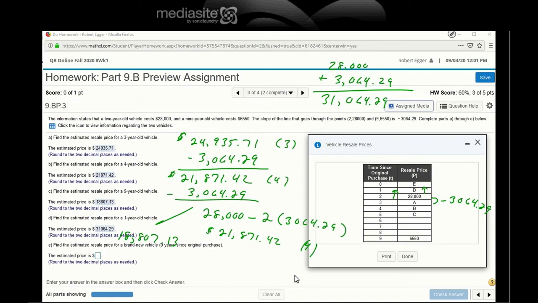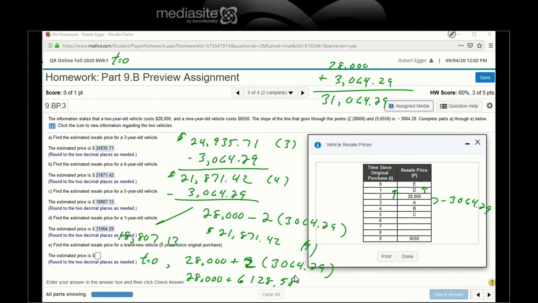So at t equals 0, let's start at t equals 2, and let's add back 2 years worth of cost reductions. So 28,000 plus $6,128.58.